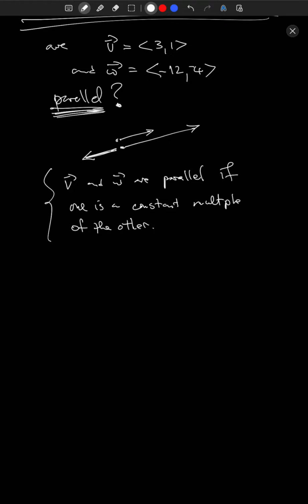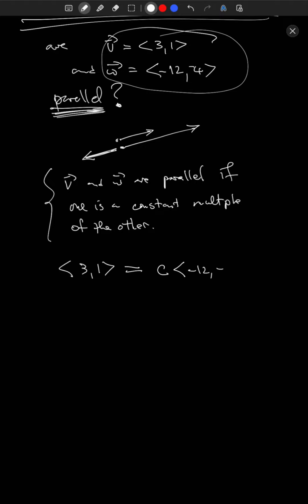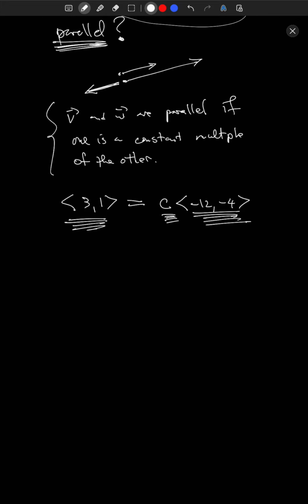To determine whether two vectors are parallel, when you're given their coordinates like this, you just have to solve an algebra problem: 3 comma 1 equals c times minus 12 comma minus 4. Two vectors are parallel if one of them, here 3 comma 1, is a constant multiple c of the other, here w.